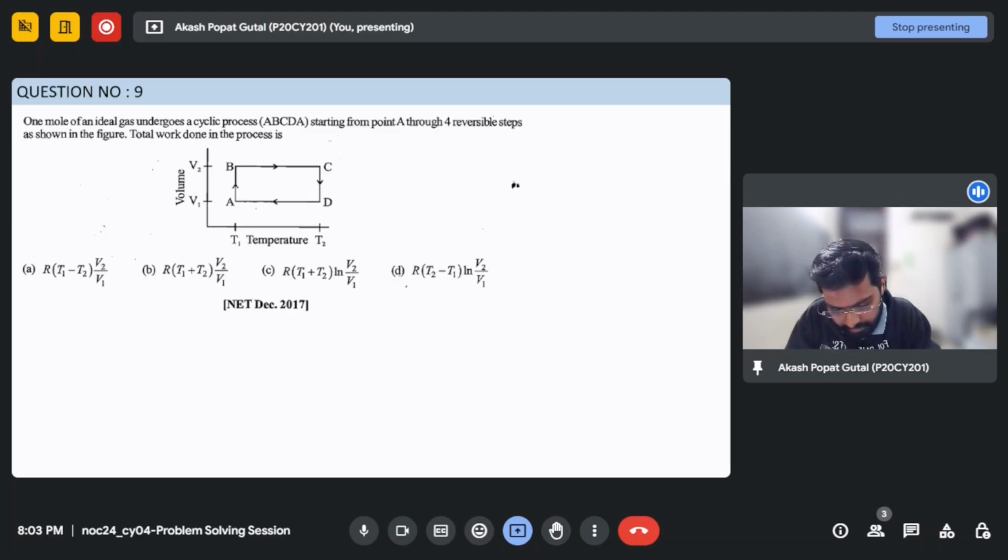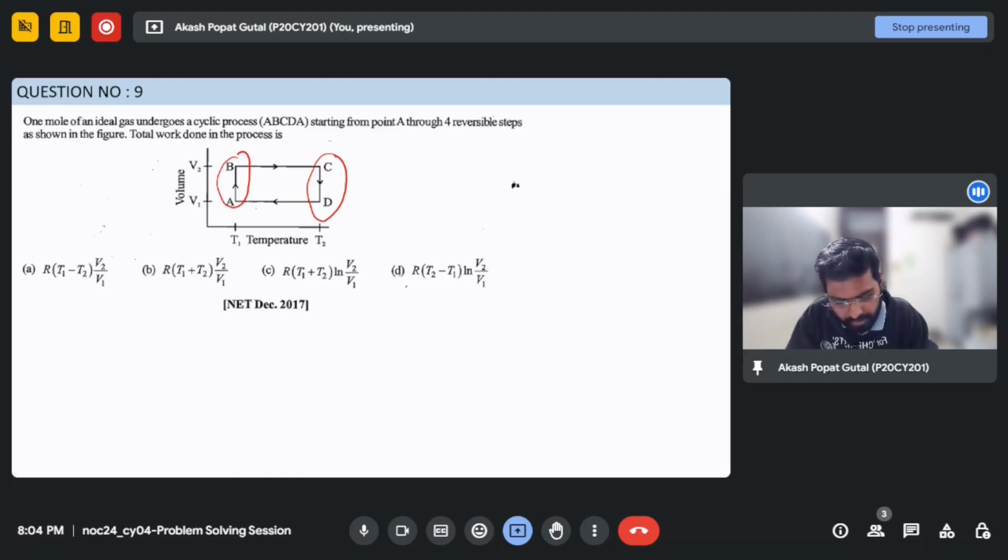Looking at this graph, in the A to B process there is an increase in volume, and in the C to D process there is a decrease in volume. But in B to C there is no change in volume, and in D to A there is no change in volume.